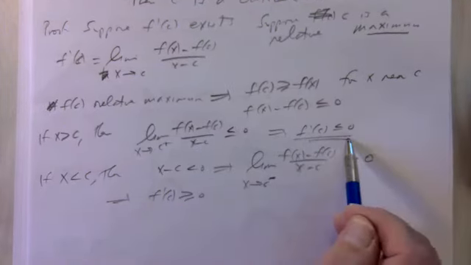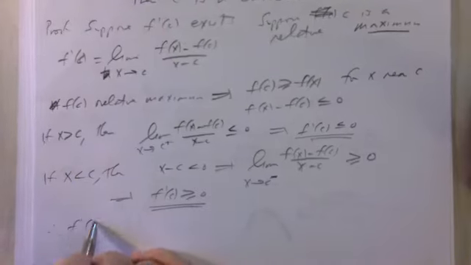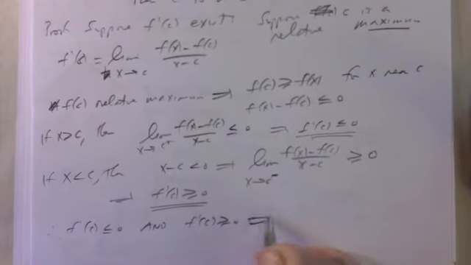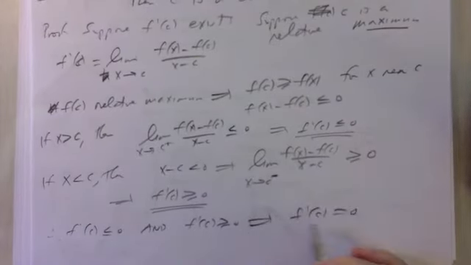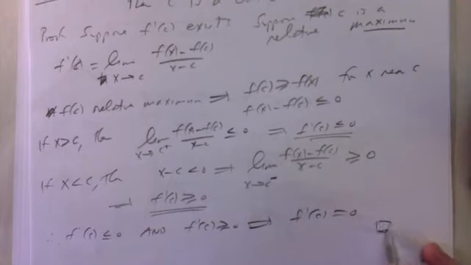So if the function is differentiable, then the derivative is less than or equal to 0, and also greater than or equal to 0, if c is a relative maximum. f prime of c less than or equal to 0 and at the same time greater than or equal to 0 means f prime of c has to equal 0. So this is a proof that if you have a relative maximum at a point c, c is a critical number. There's either no derivative or the derivative is 0. And there's a similar argument in the case of the minimum.